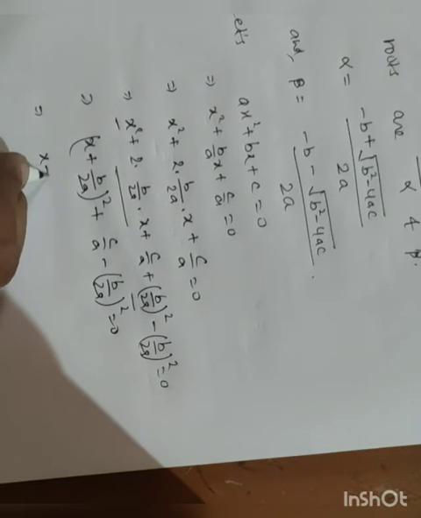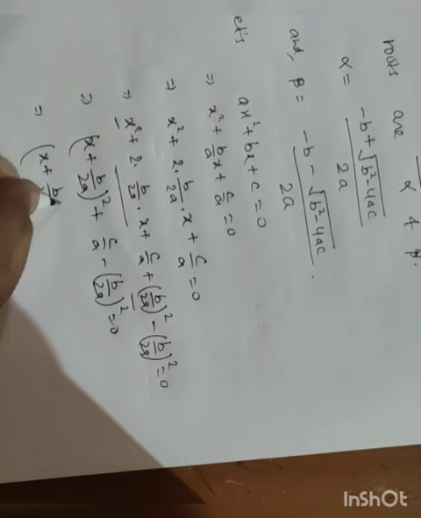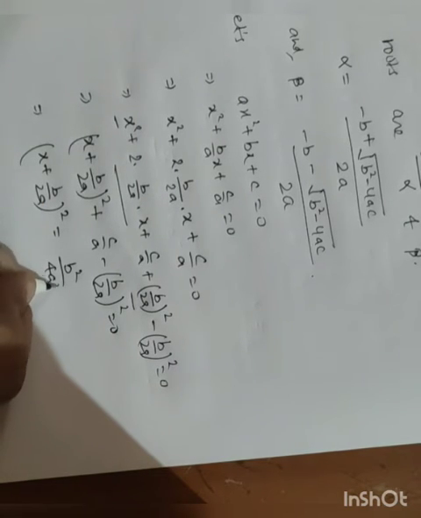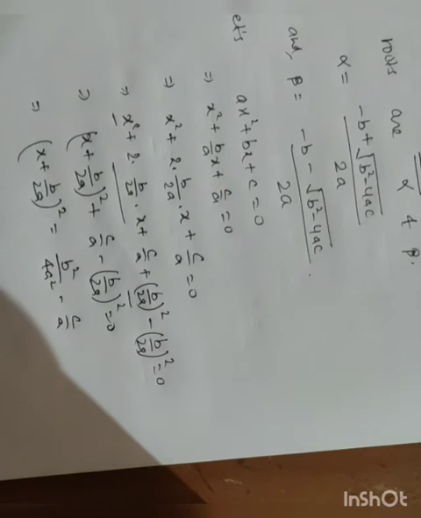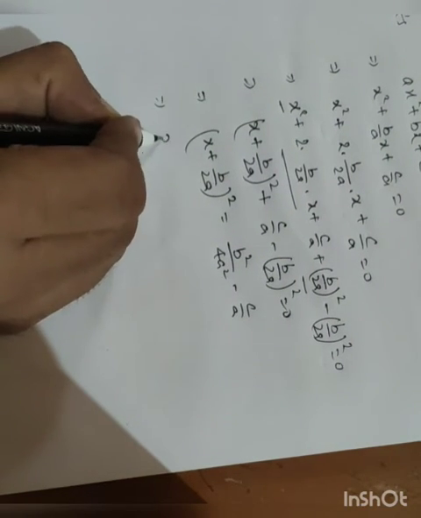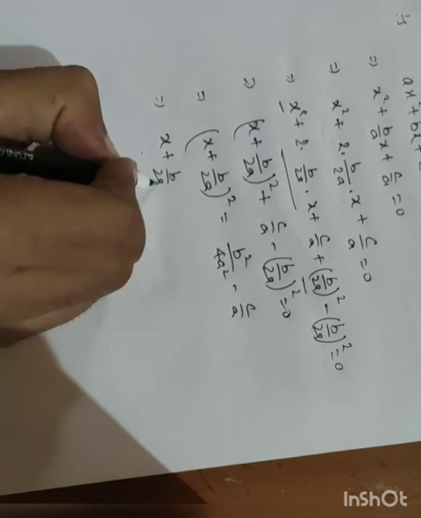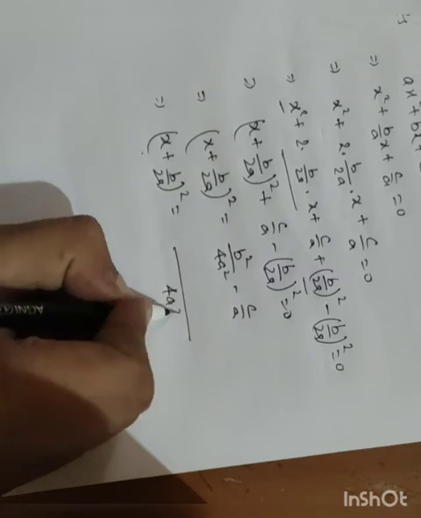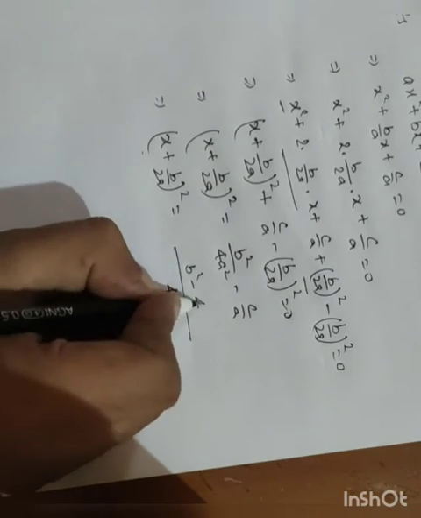Further we can write it as (b²/4a²) - c/a. So (x + b/2a)² = (b² - 4ac)/4a².